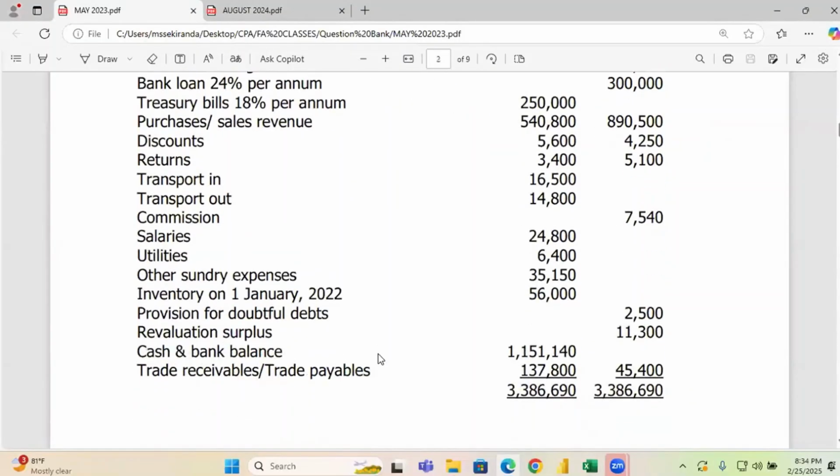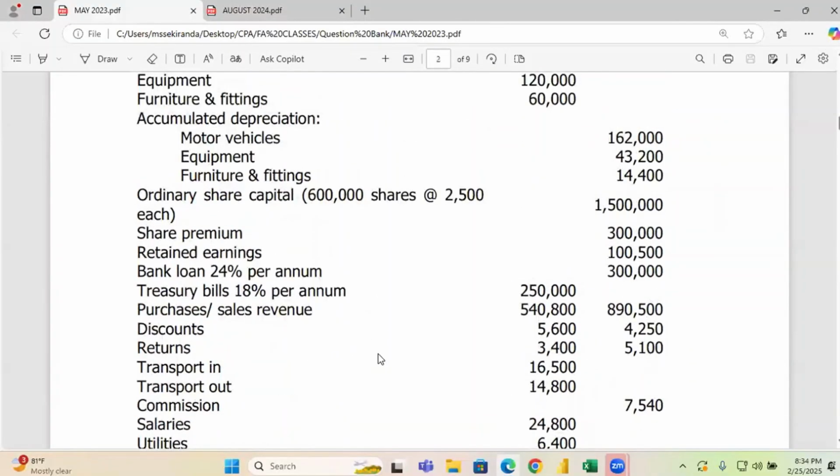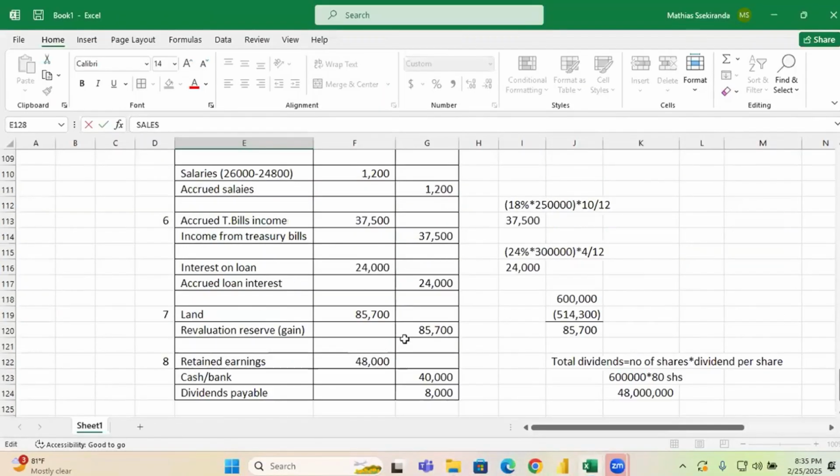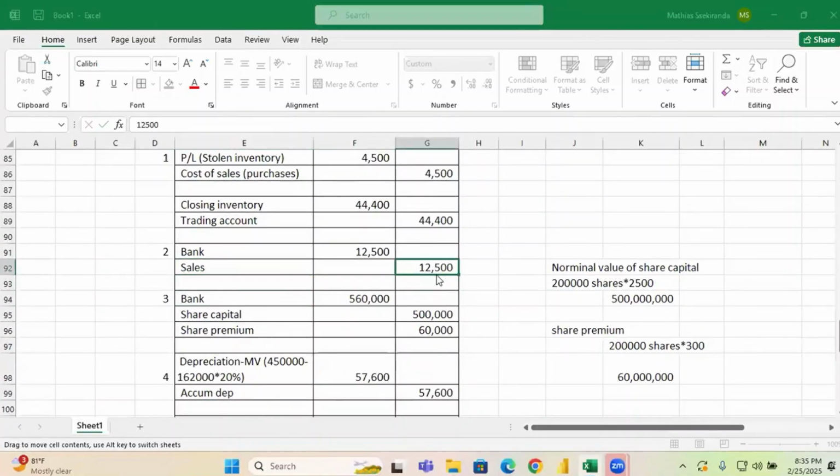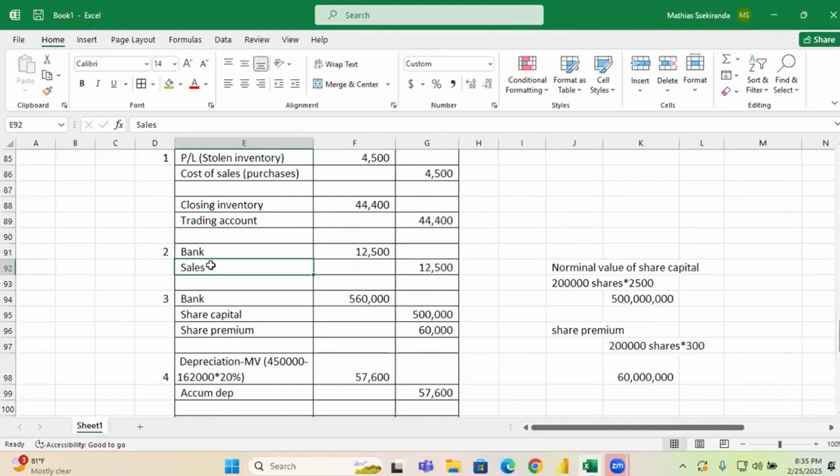The examiner gave us sales somewhere. Where are they? Sales are 890,500. Do we have any additional information for sales in the journal entries we passed? Did we get any sales? Yes. Note number 2, we credited sales.